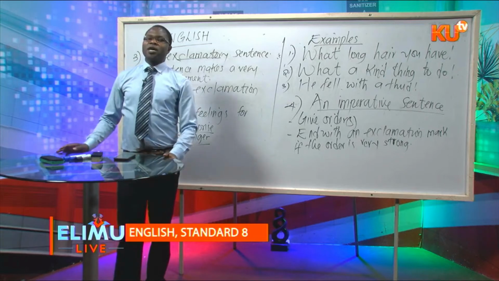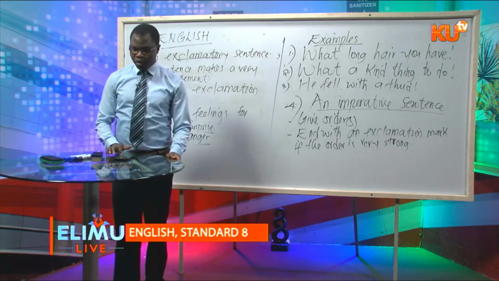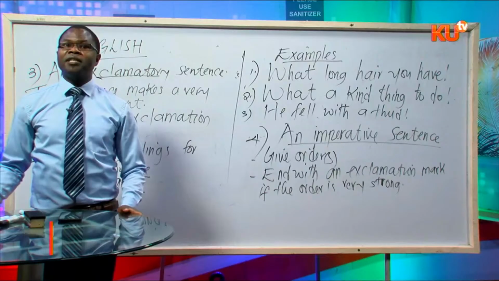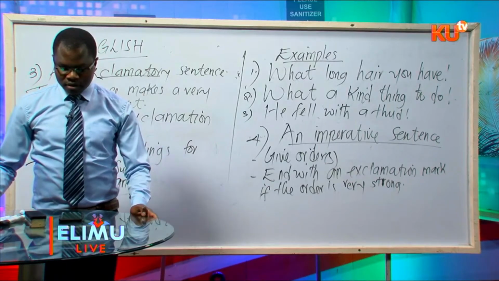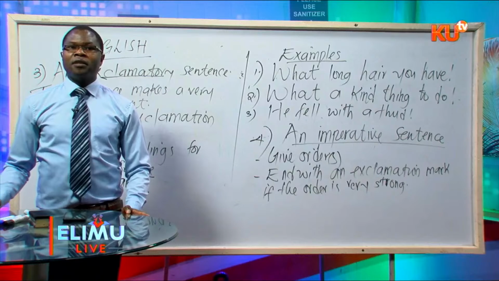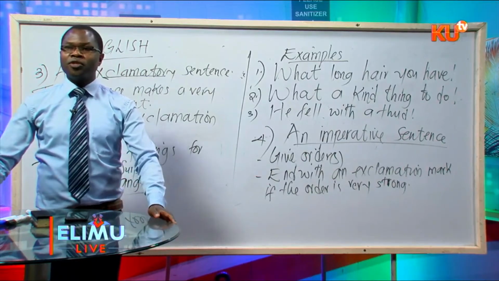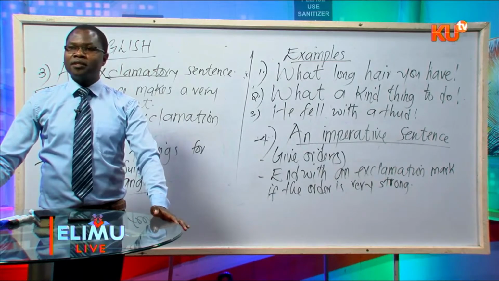So having looked at the 4 types of sentences, I have spoken about a declarative sentence. These are sentences that make statements. Then we looked at interrogative sentences. They are the ones that are used to ask questions. Then we looked at exclamatory sentences.